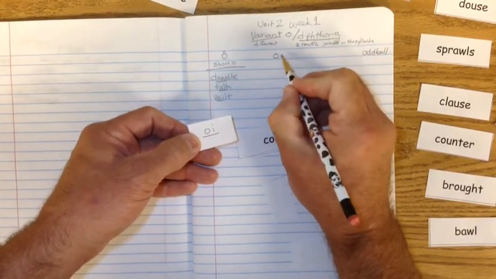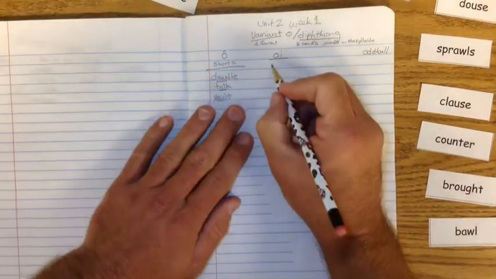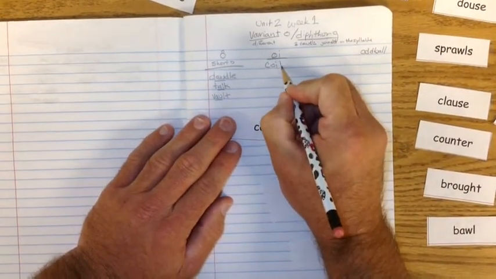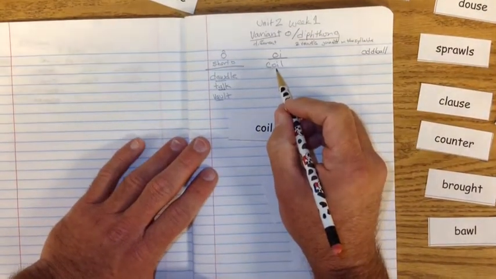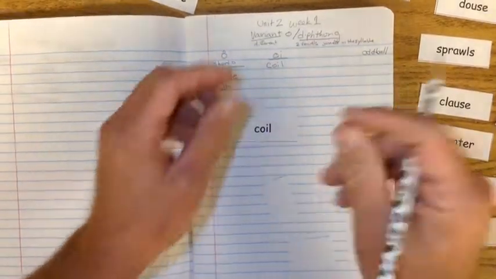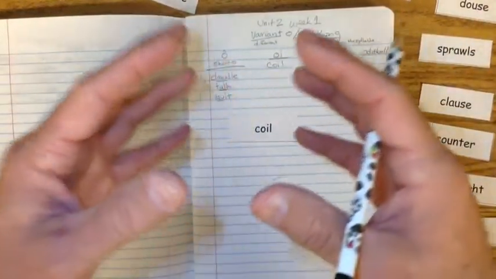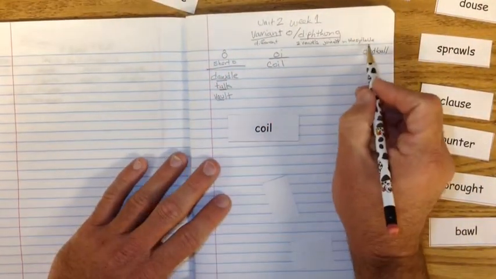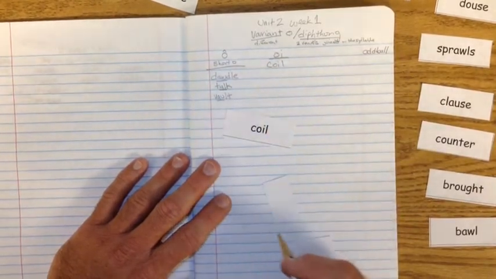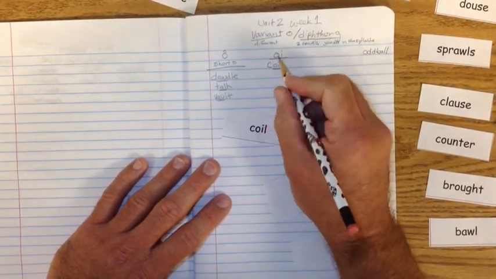So right here, we're going to go O-I, underline, and we're going to write in coil, oi. It's one. Now, you can hear kind of two sounds in there, but it is one sound in the syllable. Coil.